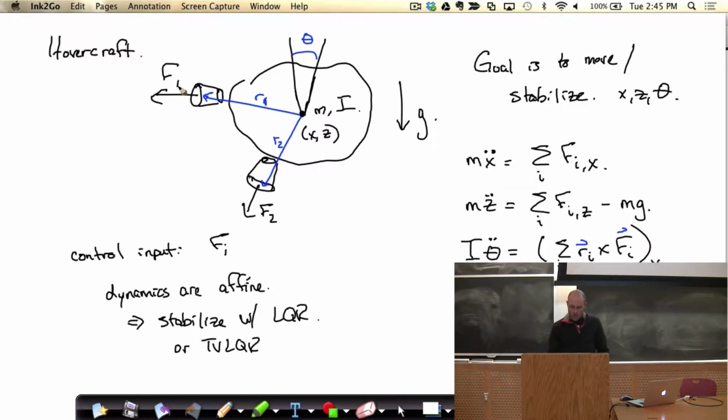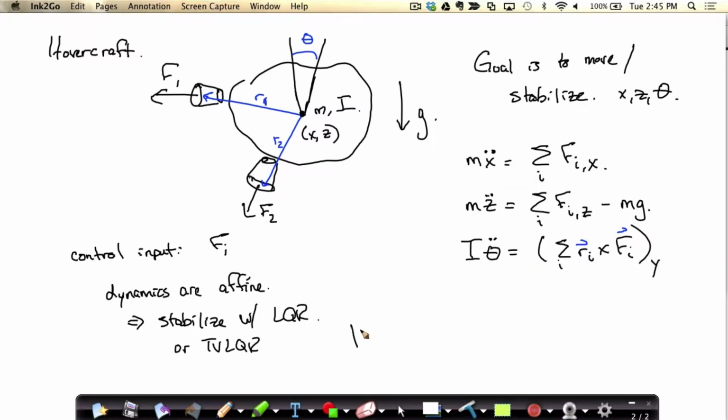Okay, and then maybe I can make it more interesting. Maybe the thrusters aren't very good at sucking; they're only thrusting. So I could say, for instance, that all Fi always have to be pointing out. However I want to write that, maybe I want to have some directional unilateral constraints. And then I could still do some nice planning.